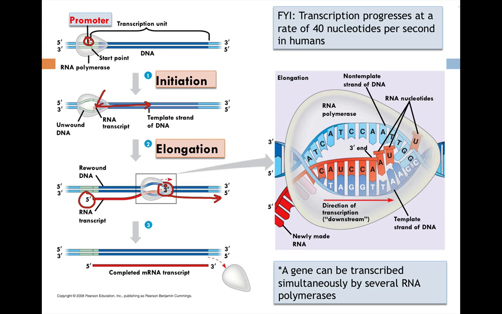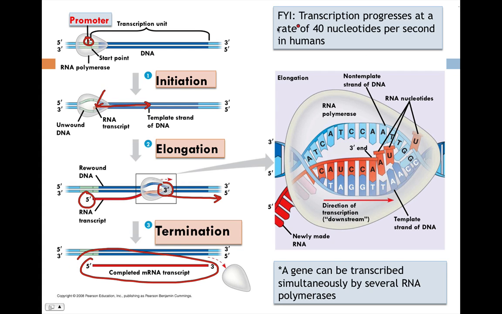And eventually it's going to get to the end of the stretch that it needs to copy, where then the DNA goes back to the way it was before, and you now have a completed mRNA transcript here, and that would happen during termination of that transcription process.